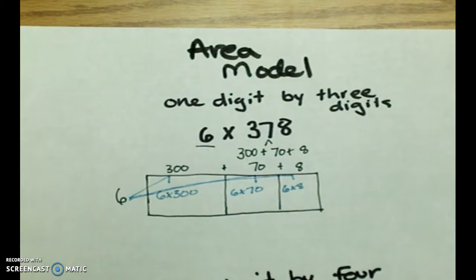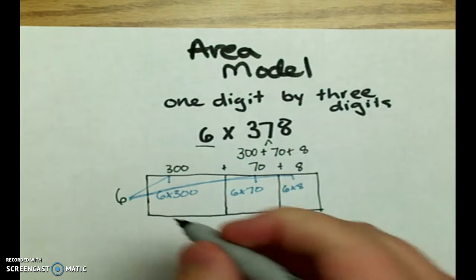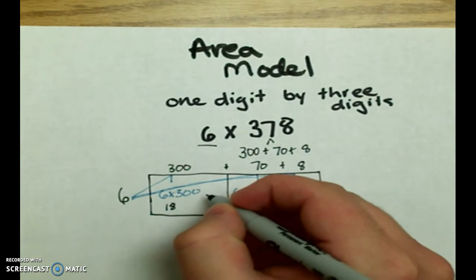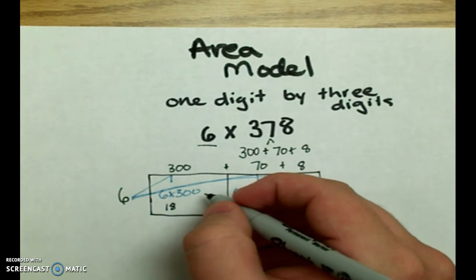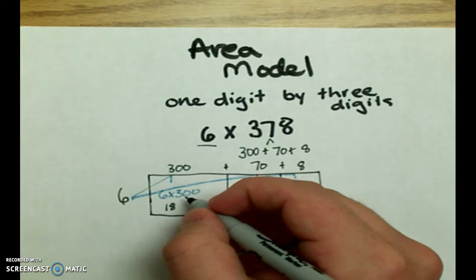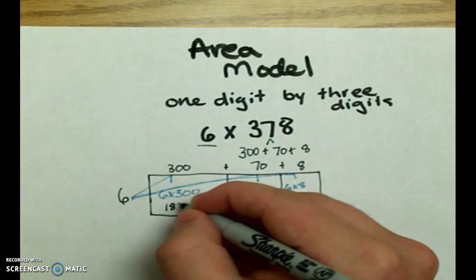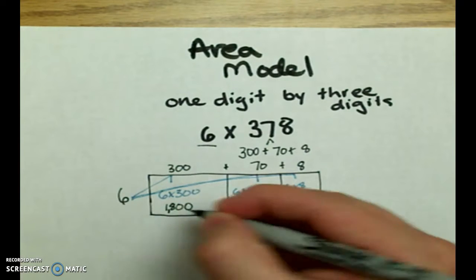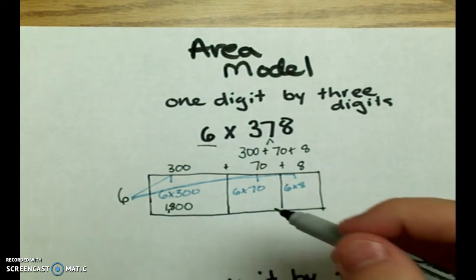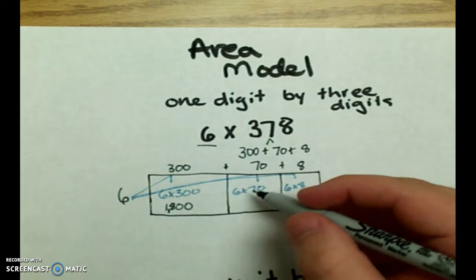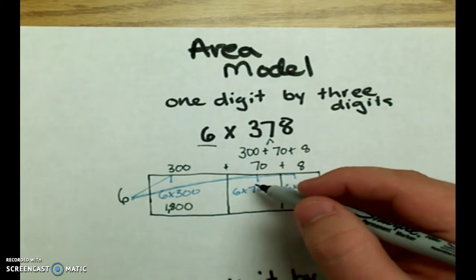So 6 times 300, we know 6 times 3 is 18. Okay, and how many hundreds are there in 300? There's 3 hundreds, so it's 18 hundreds, which is 1,800. 6 times 70. 6 times 7 is 42.